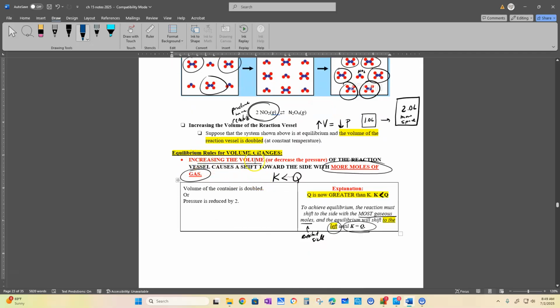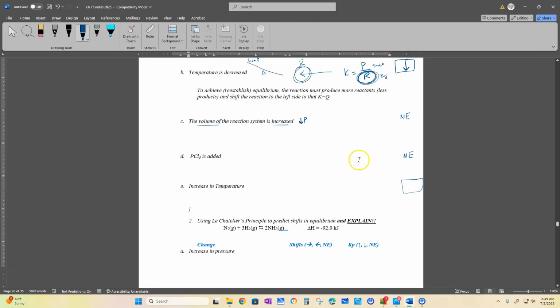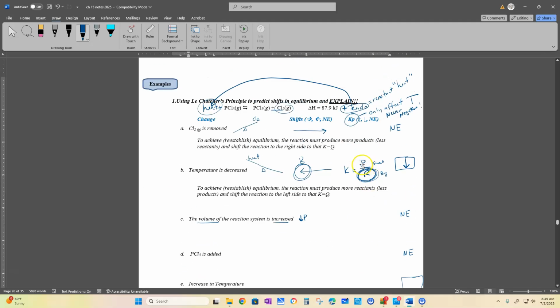All right, increasing volume is going to shift to the side with the most moles of gas. Okay. So most moles of gas, well, which side has more moles of gas? Well, this has 1 mole of gas, and this has 2 moles of gas. So I'm just making notes, I'm going to shift to the side with more gaseous moles.